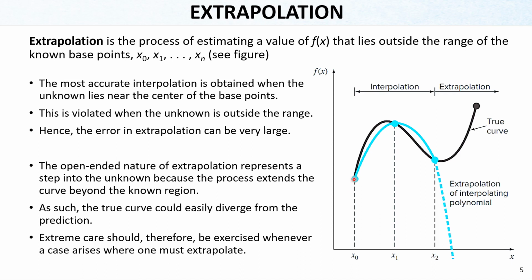We, for example, have this black curve as our actual function, but we know only x0, x1, and x2 from the black curve, and we apply a polynomial here, a parabola for instance, or a quadratic Lagrange or Newton's polynomial, let's say. This is the function, and you can see that it doesn't predict the rest of the curve in a good way.